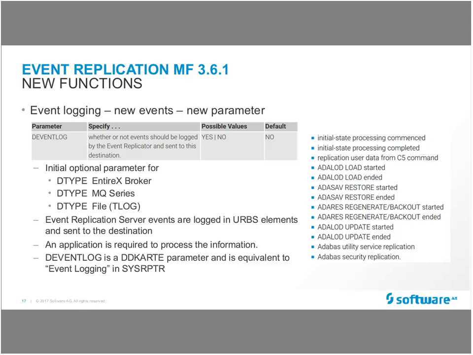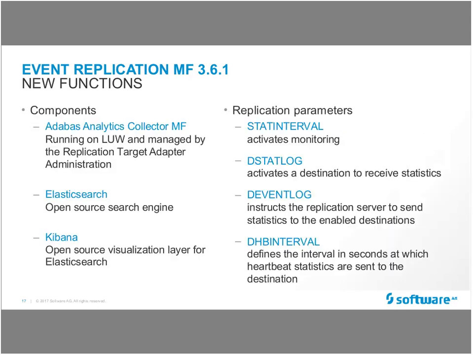This parameter is equivalent to the event logging you can set in the online system, this RPTR, for a destination, so it depends on what you like. But regardless of what you do for the three types you see at the top, you get new event types so that you know more about what happens. And you can then, of course, analyze it later.